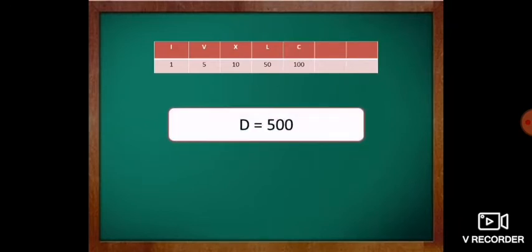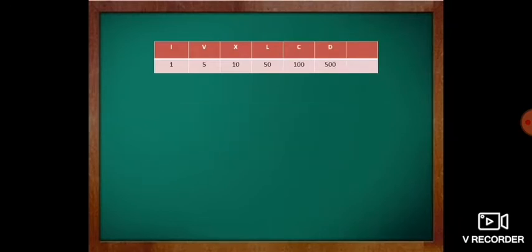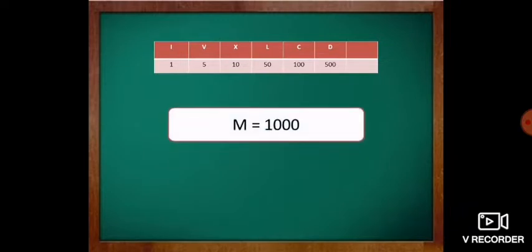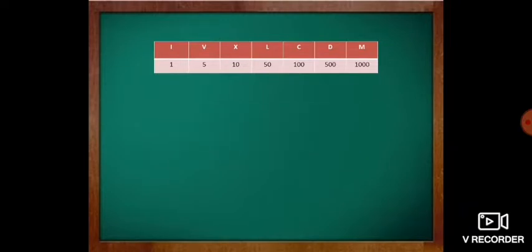The sixth one is D, which means 500. And the seventh one is M, which means 1000. So here we have 7 symbols: I, V, X, L, C, D, M. Once again, let's take a look at these symbols. I stands for 1, V stands for 5, X is 10, L is 50, C is 100, D is 500, and M is 1000.